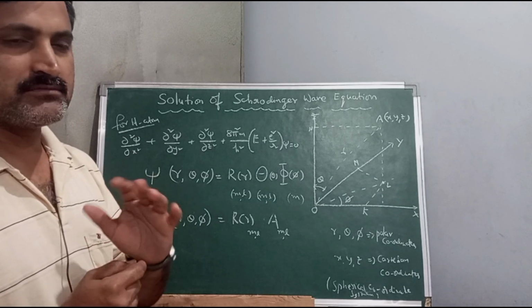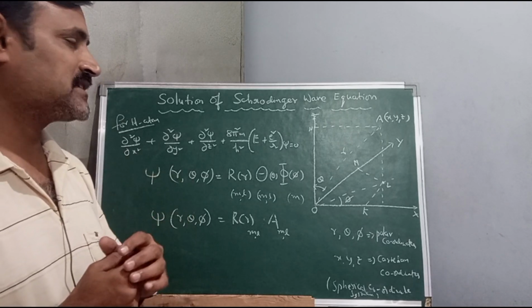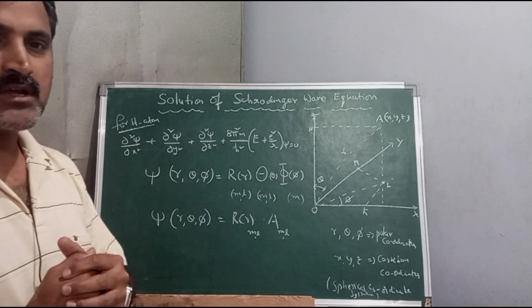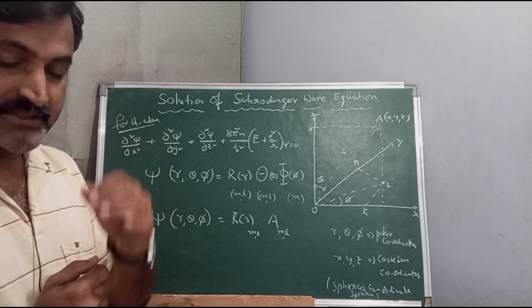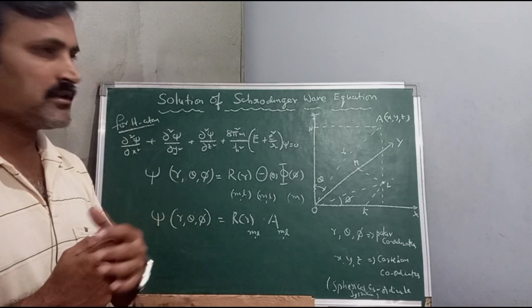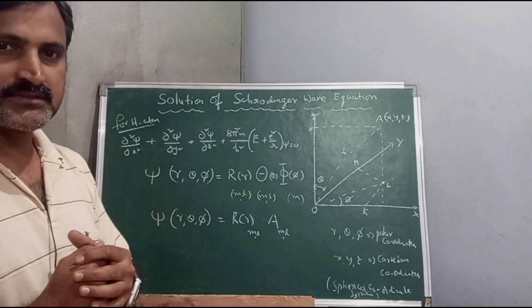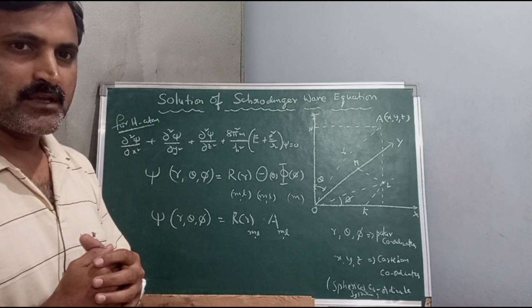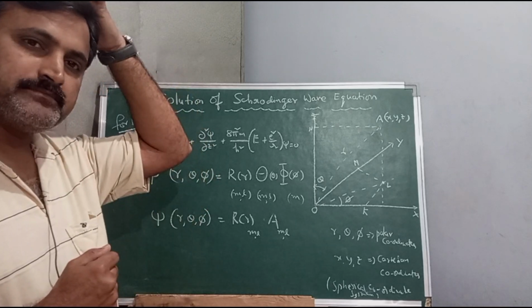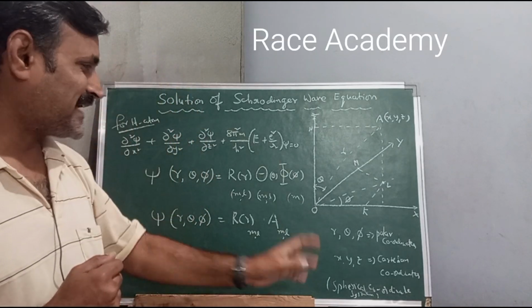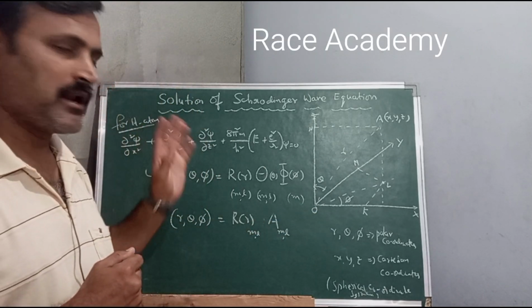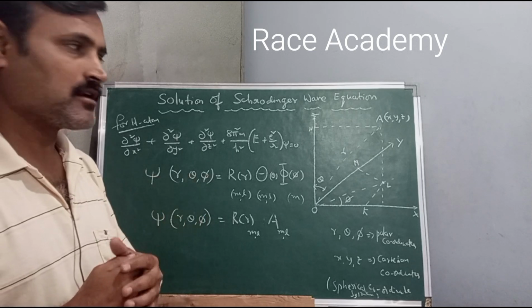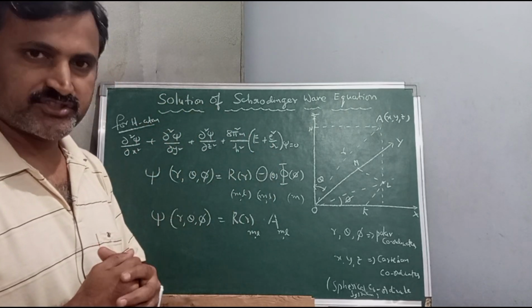A few things: the Schrodinger's wave equation we have derived is said to be giving satisfactory results in a spherical coordinate system. In the spherical coordinate system, we have XYZ, which we told in the formula are called Cartesian coordinates.